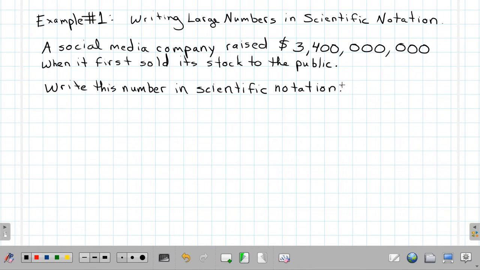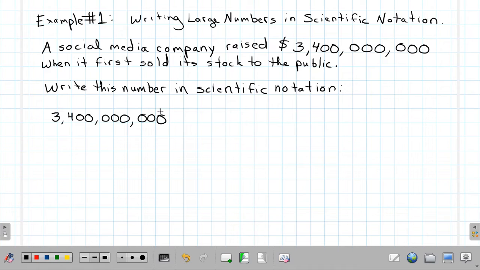Okay. So we want to write this with scientific notation. So first thing you should do is write out the actual number just as it is there. So I'm going to drop off the dollar sign because we're only concerned with the number. At this point, we don't really need to know if it's dollars or whatever it represents. We're just looking at the number. So we have 3,400,000,000.